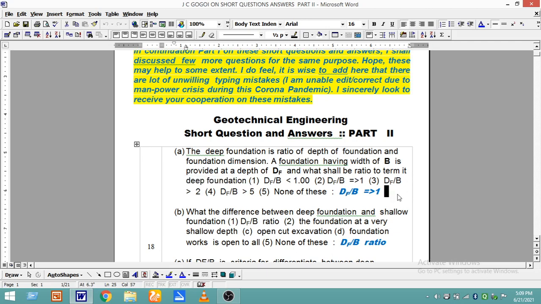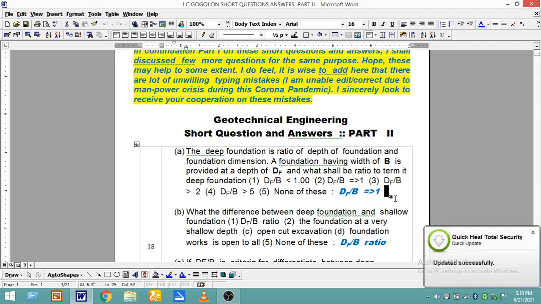So it implies that there are two types of foundation. One is shallow foundation, another is deep foundation. When Df by B is greater than 1, it is deep foundation. Nowadays, irrespective of width, depth of foundation may be provided at any depth. For 2 meter width of foundation, the depth may be 3 meter or 3.5 meter, even up to 4-5 meter.